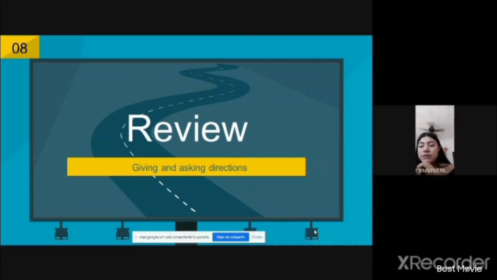Okay, next what I will do is give you a review of everything we just saw. As you can remember, we saw the basic vocabulary to give directions, which are go straight, right, left, far, near, etc. We also saw the different ways to ask and give directions using formulas and phrases.